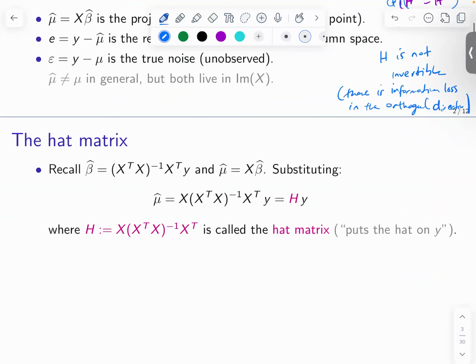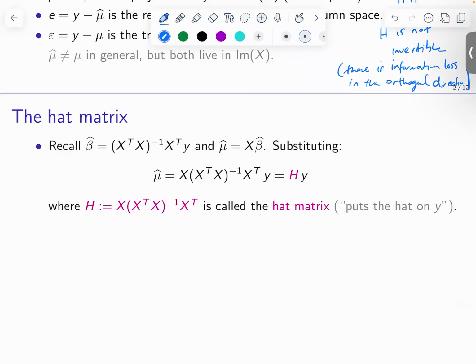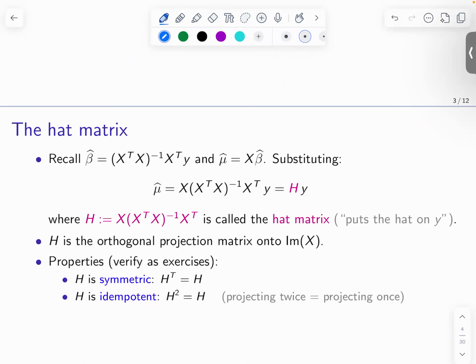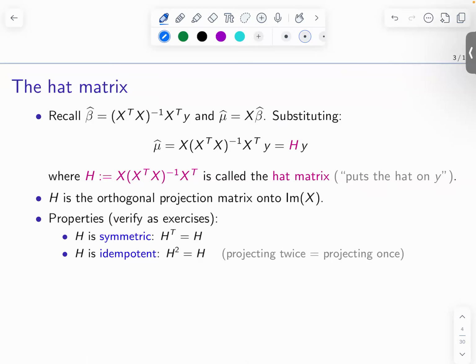Let me summarize it here, so we already see this. This is called the hat matrix, perhaps because it puts the hat on Y. I mean, this is sometimes written as Y hat. Use mu hat. So H is an orthogonal projection matrix onto the image of X, which happens to be also the image of H. You can also reason for yourself that the image of X and the image of H are the same.